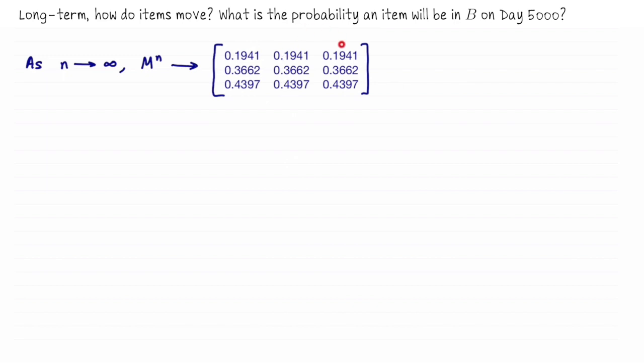But these probabilities are actually the same if you started instead in bin B or bin C. It doesn't actually matter where you began. So to answer the question up here, what's the probability that an item will end up at B? It's 36.62%. And the key observation that we have here is that your starting point doesn't matter.